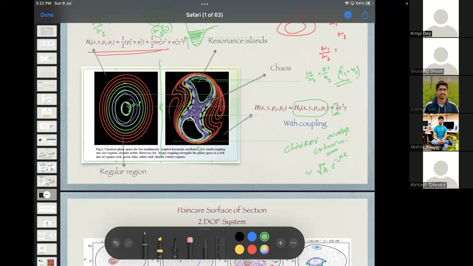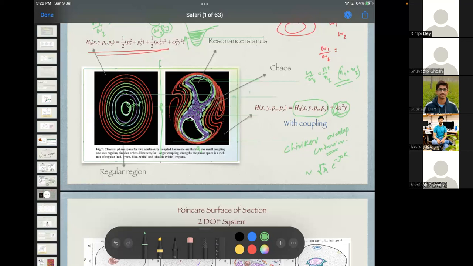So basically the main concept I'm trying to get into is that with the increase of coupling strength, if we couple different oscillators with a nonlinear coupling, then different periodic orbits or invariant curves will start to overlap with each other and form different types of interesting regions: resonance region, chaotic region, invariant curves.